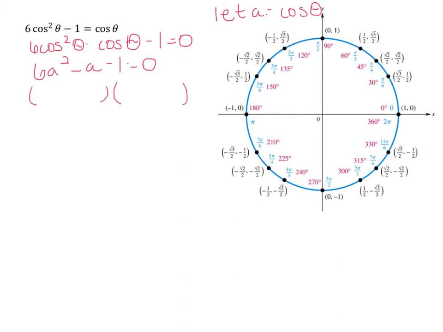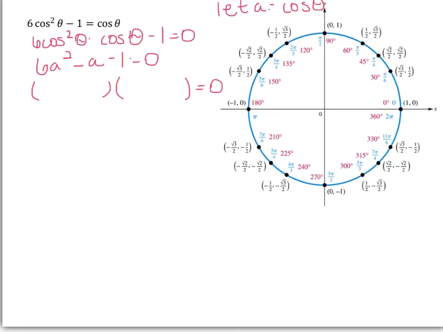This is probably much more difficult than any factoring problems that I will give you on a test. But remember, to factor, you're just reverse FOILing. So to multiply together to get 6, you would have 3a times 2a, so that would be your 6a squared.